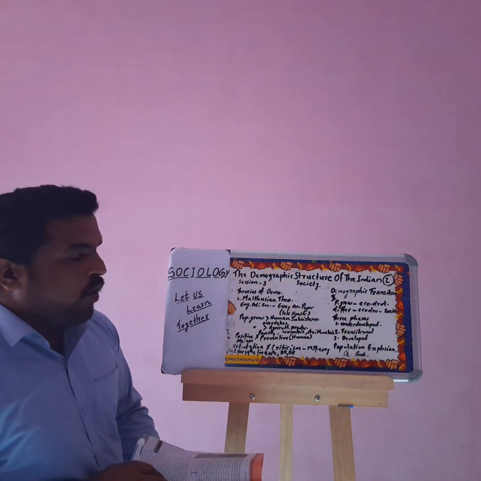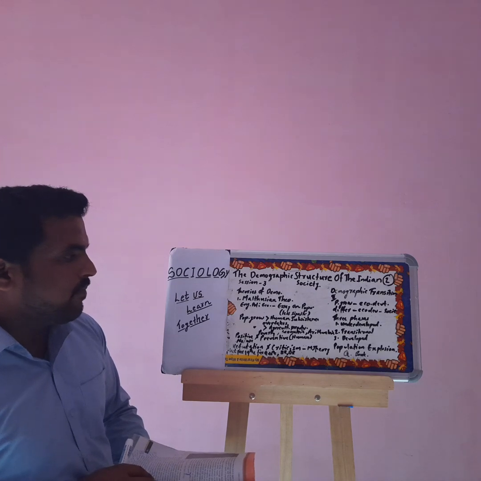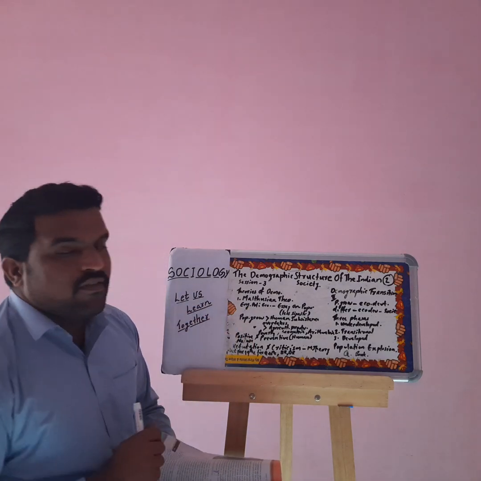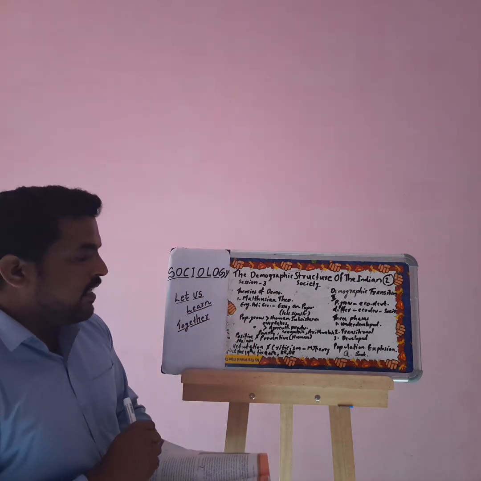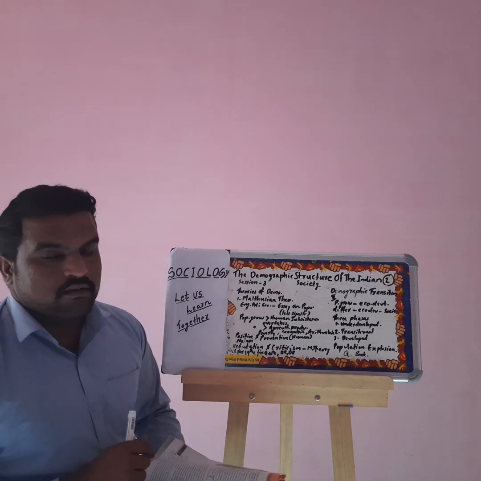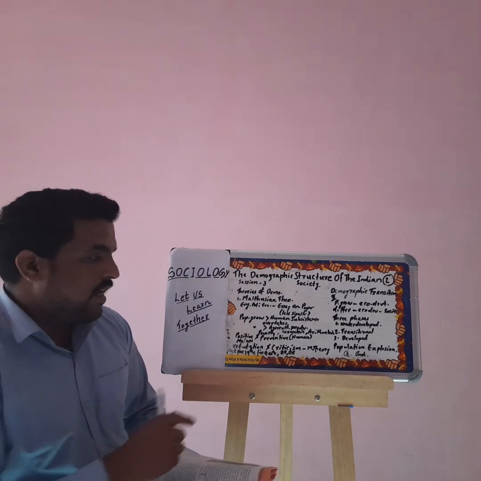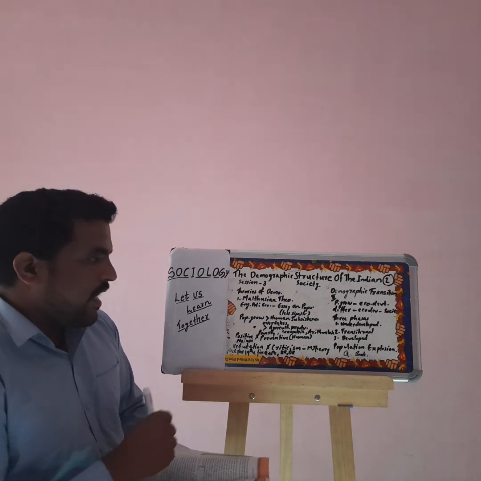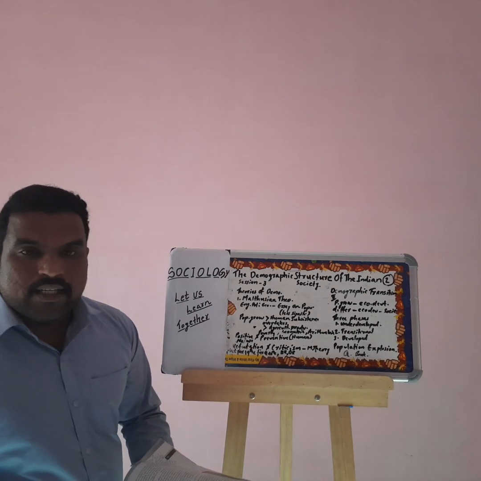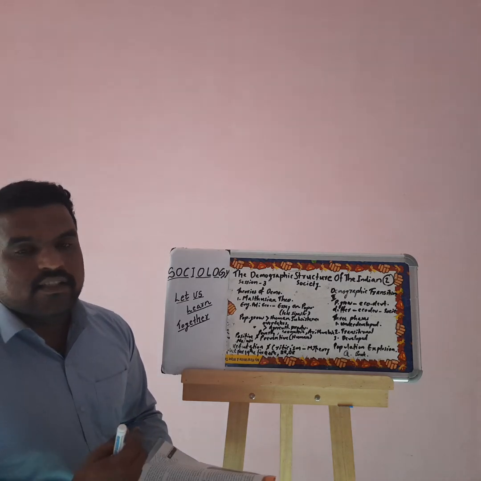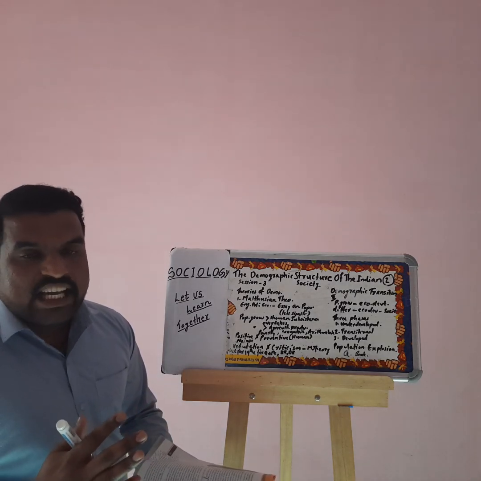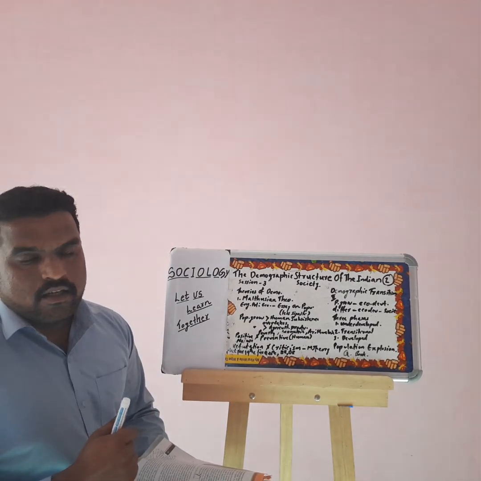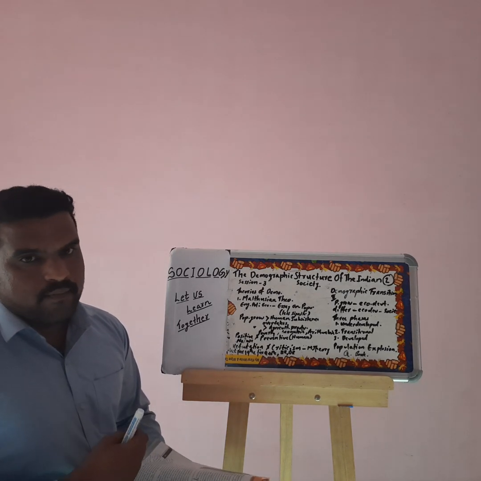The first theory was put forward by Malthus. He says that population growth is faster than human subsistence, and this is criticized by thinkers, who say that agricultural production is overtaking the human population.